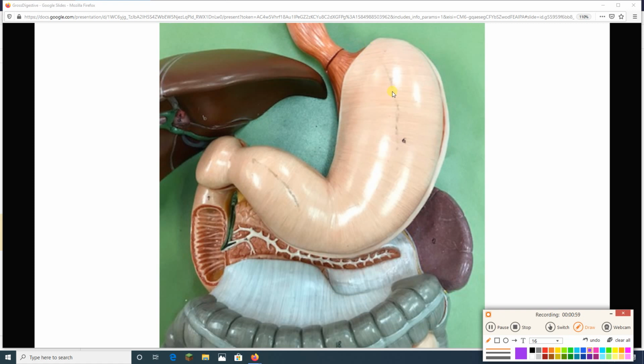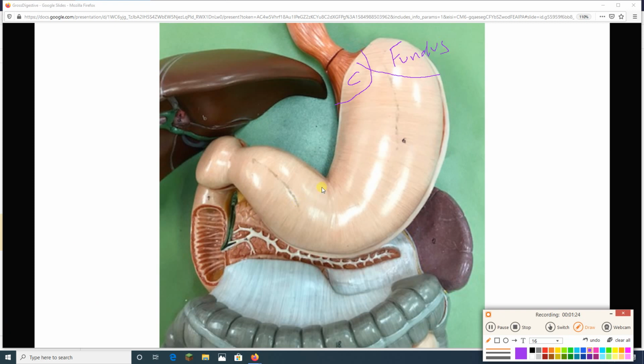The stomach, of course, is this beautiful J-shaped organ. The stomach has several regions. The region where the stomach joins the esophagus is called the cardiac region. The dome-shaped region next to that, lateral to it, is called the fundus of the stomach.